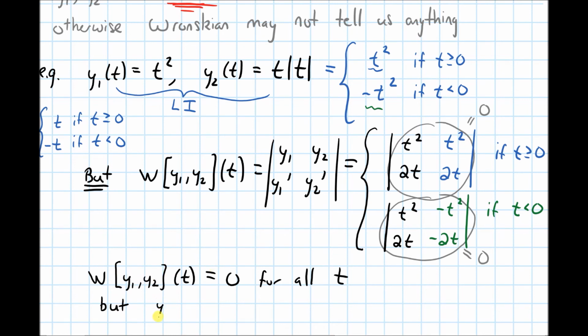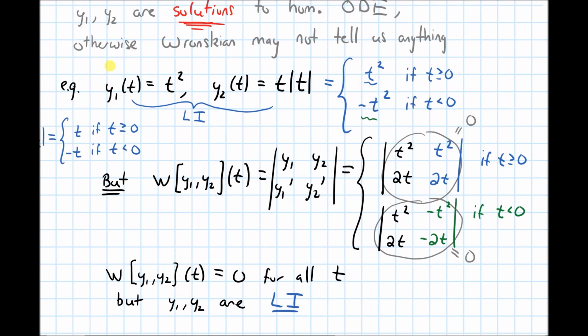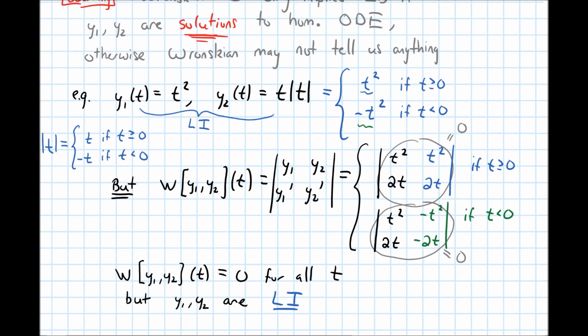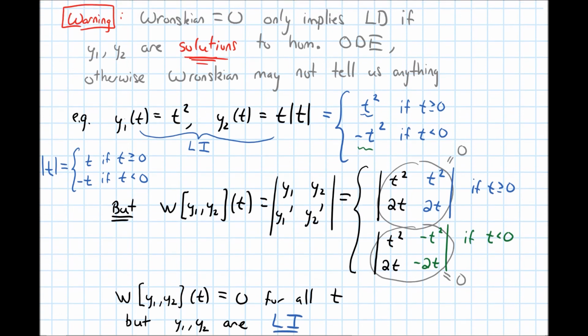But y1 and y2, we said at the beginning, are not linearly dependent. They are linearly independent. And the reason why this happened is because these two functions, y1 and y2, are not necessarily solutions to a homogeneous ODE. If they were, then their Wronskian would not have been 0 because they're linearly independent. So that is a super important warning.